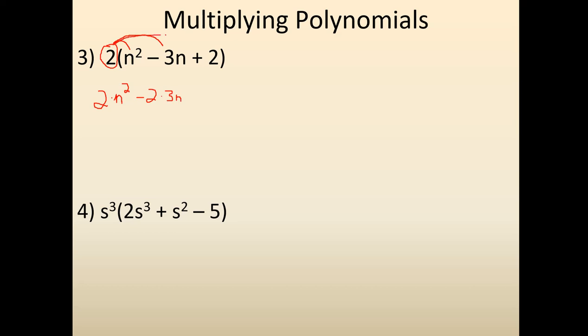And then to the last term, plus 2 times 2. So cleaning this up a bit, we get 2n squared. Negative 2 times 3 is negative 6n. And then 2 times 2 is 4.